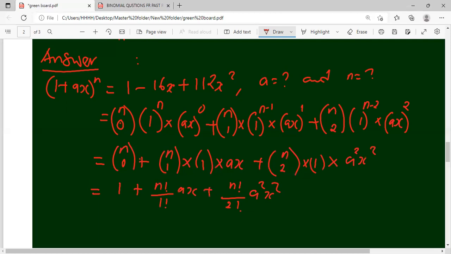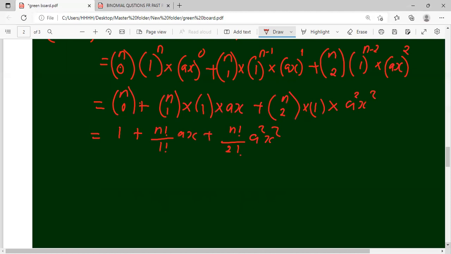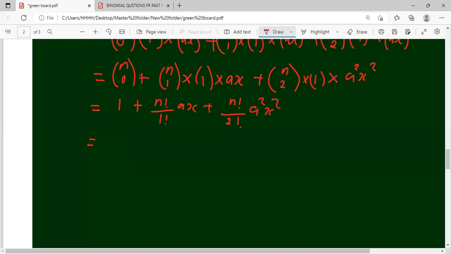Okay, so what are we saying? So the 1 plus n factorial over 1 factorial is n ax plus, because of that, this will be reduced as n minus 1 divided by 2. 2 factorial is 2. a squared x squared.